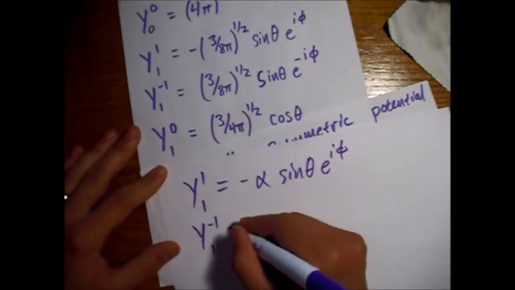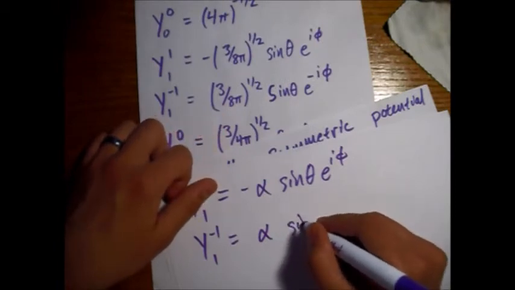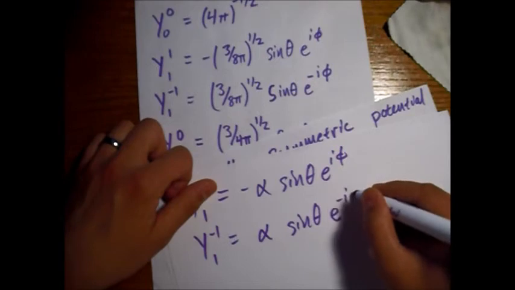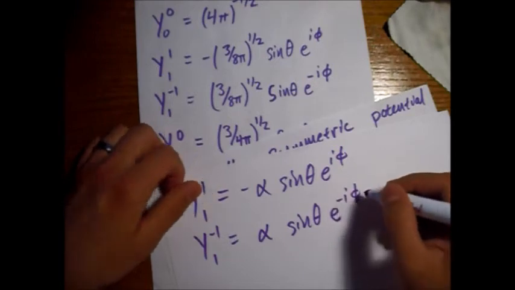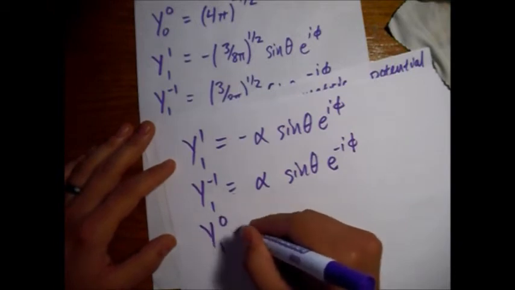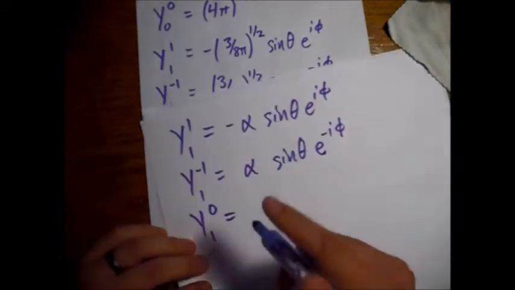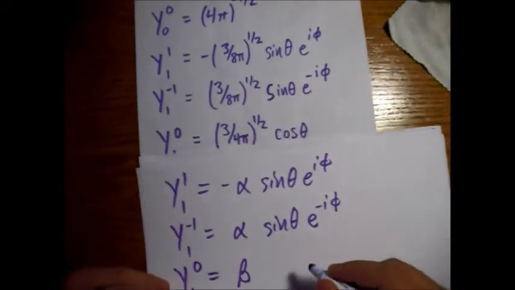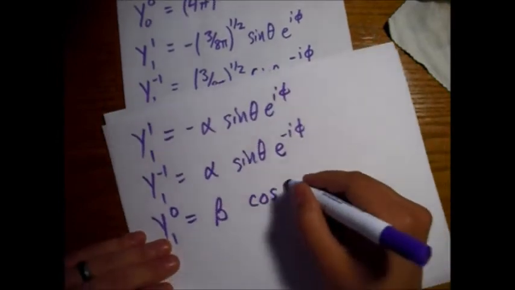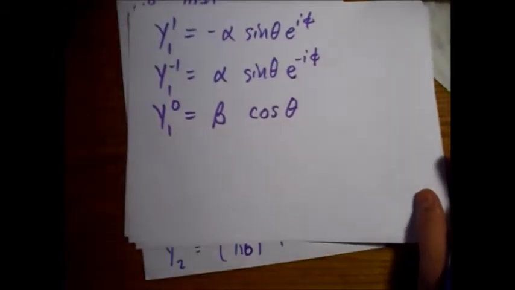Y1 minus 1 equals plus alpha sine theta e to the minus i phi, and Y10, I'm going to call this beta, just splitting up the constants so that they're easier to deal with.